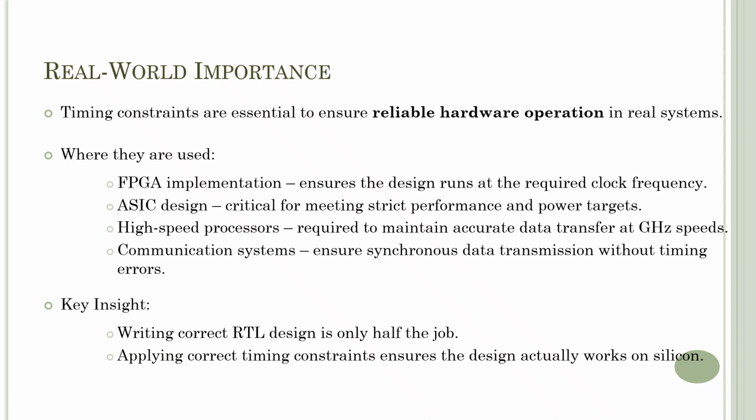Timing constraints ensure that the design can operate at the desired clock frequency. For example, if an FPGA design is expected to run at 100 MHz, the timing constraints help the synthesis and implementation tools optimize the logic and routing so that all operations complete within the required clock period.